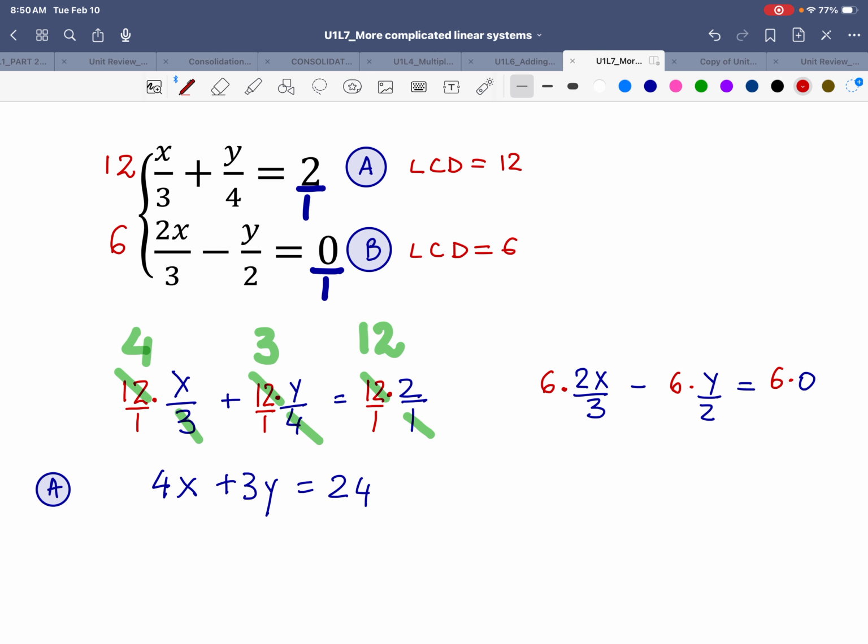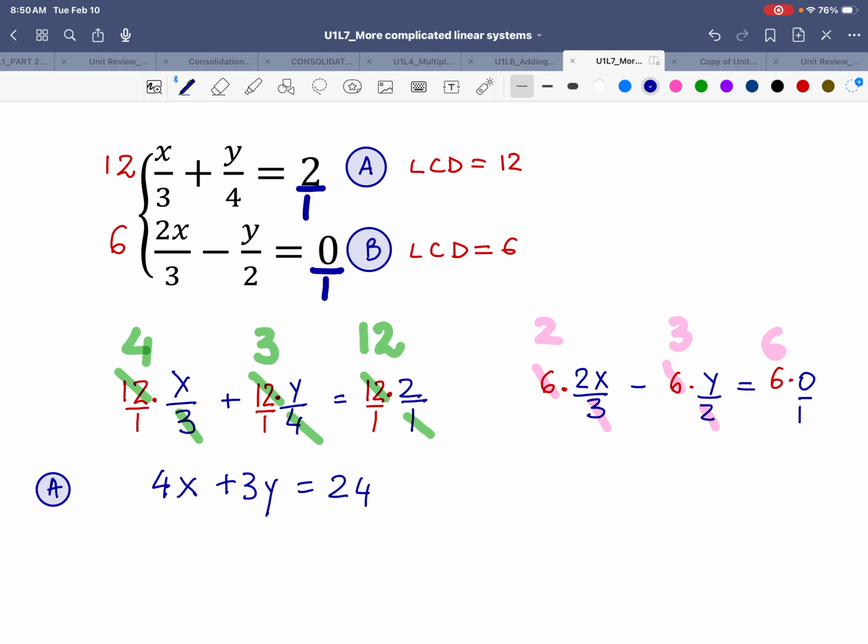Now, as you can see, 6 will divide 3 to give 2. 6 will divide 2 to give 3. And 6 times 0 is simply equal to 0.